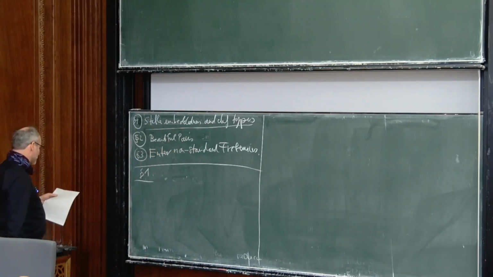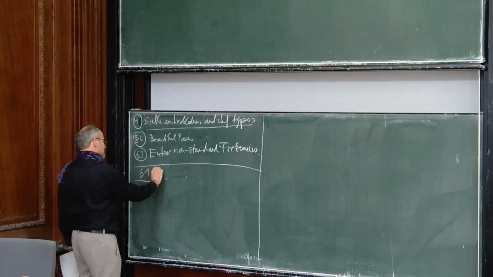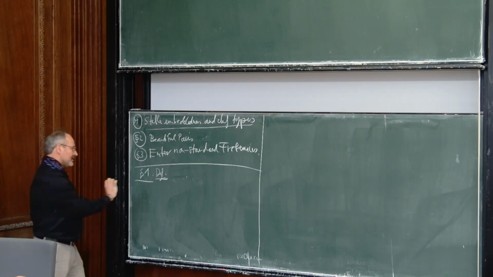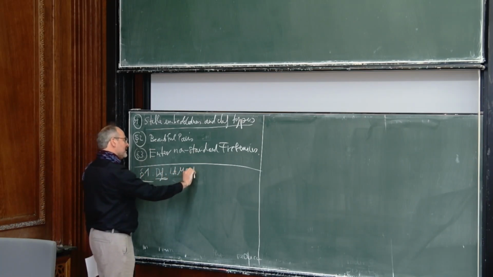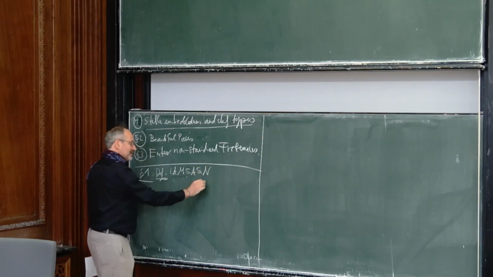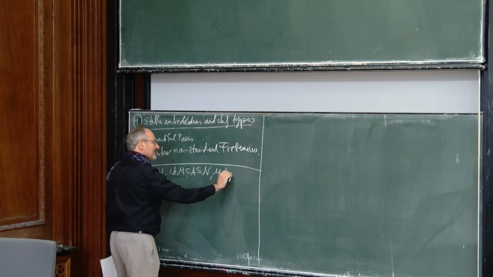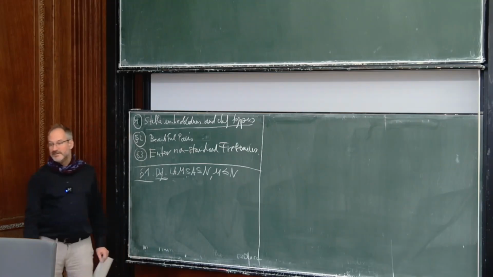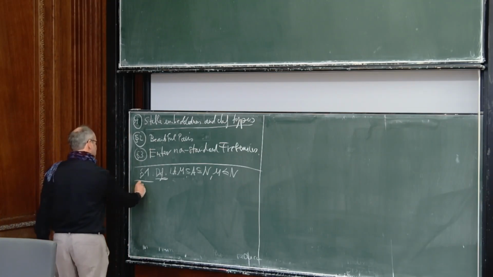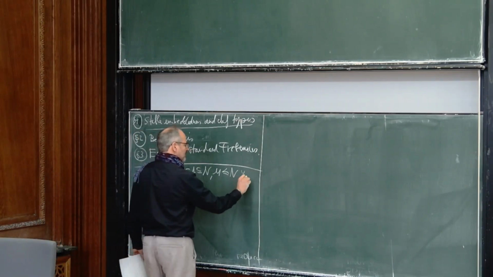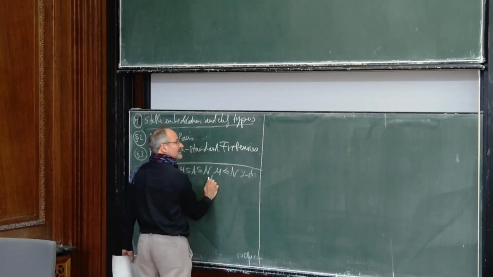So stable embeddedness. Let me define what it means. I'll give it a slightly unusual definition. So let M be a structure, N an elementary extension, and A some intermediate set, so between M and N, and say L-structures, elementary extension of L-structures.